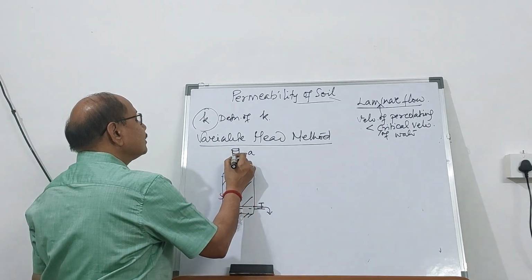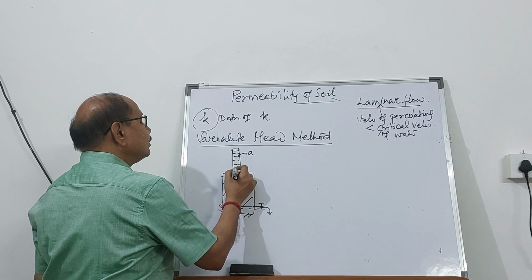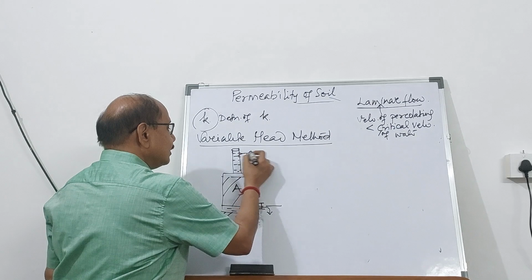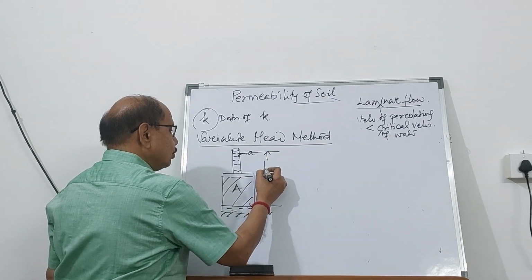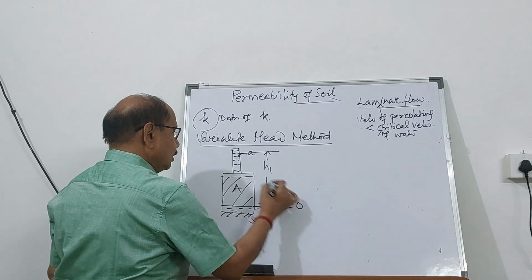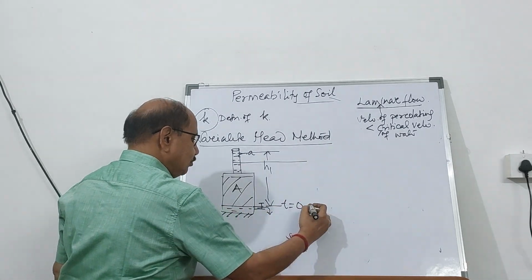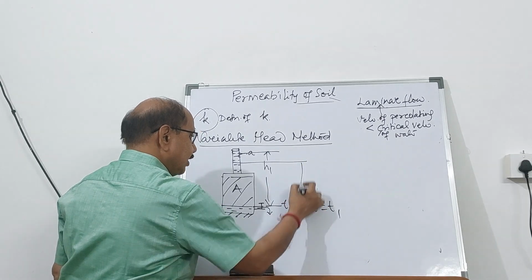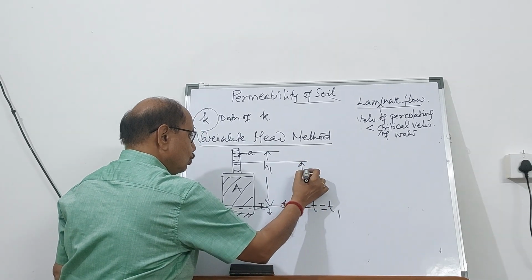The water is there in the pipe, and that height at time t equal to 0 is h1, and at time t equal to t1, this height becomes h2.